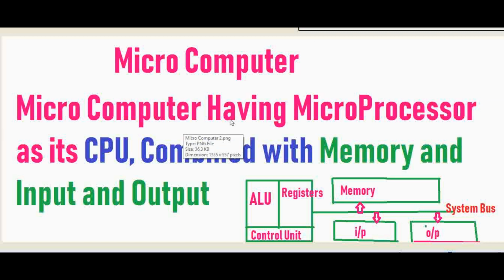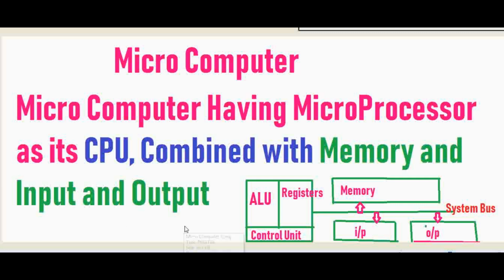Now you can see the definition of microcomputer. A microcomputer has a microprocessor as its CPU. CPU means central processing unit, combined with memory.